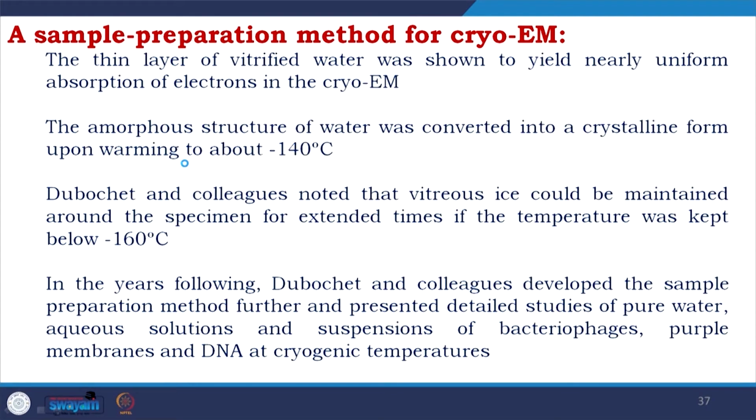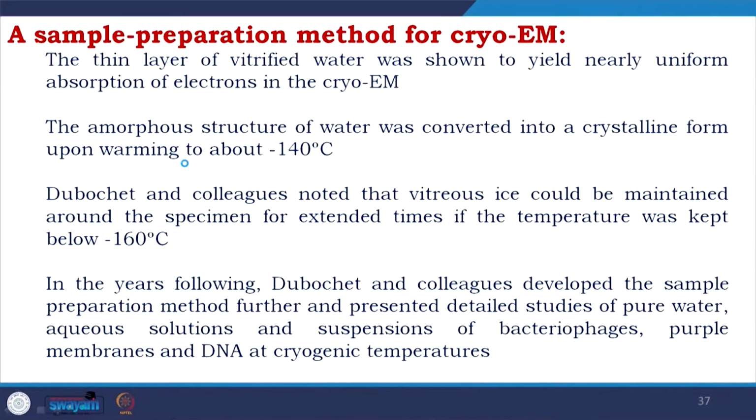The thin layer of vitrified water was shown to yield nearly uniform absorption of electrons in the cryo-EM, which was the dream. The amorphous structure of water was converted into a crystalline form upon warming to about minus 140 degrees centigrade. Dubochet and colleagues noted that vitreous ice could be maintained around the specimen for an extended time if the temperature was kept below minus 160. So, you do the freezing and maintain minus 160, you could maintain the condition.